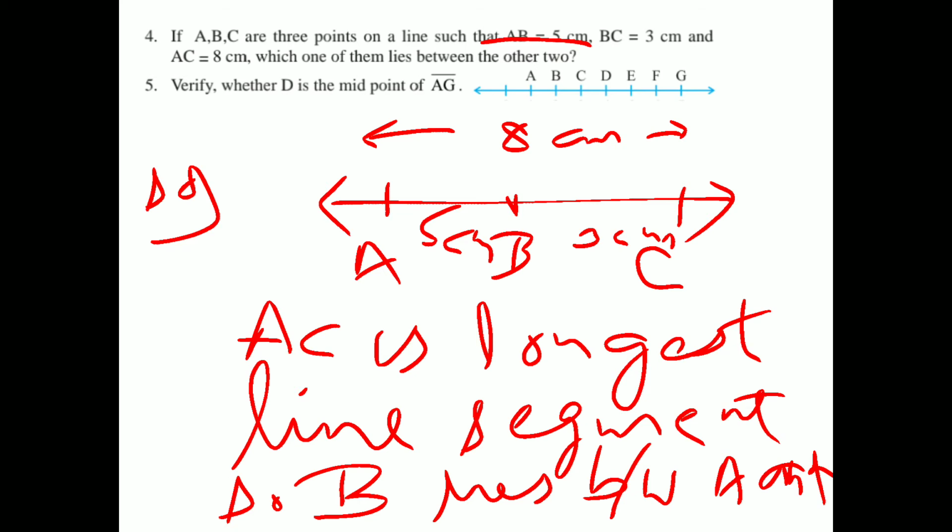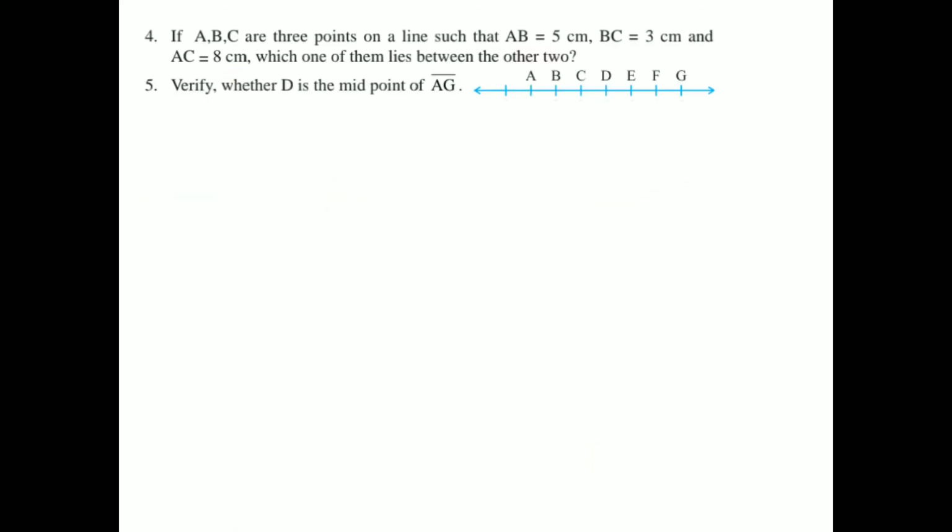Clear? Now we do the fifth question. Question five is, verify D is the midpoint of AG. See, as you know, from one line to another line it is 1 unit. So if I see from D to C, it is 1 point, 1 point and 1 point. It becomes 3 points. Means from D to A, it comes to 3 units.